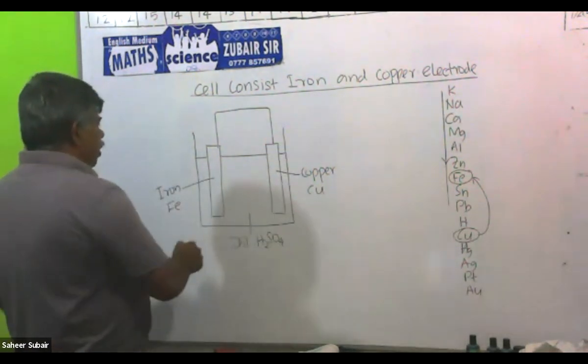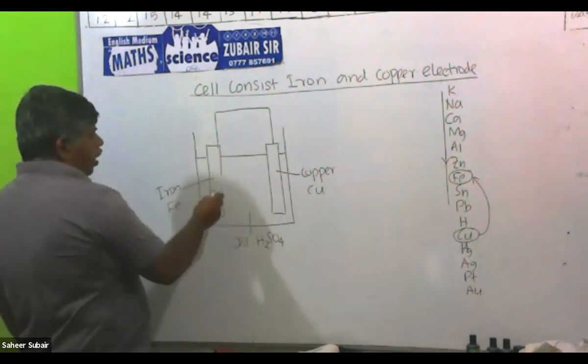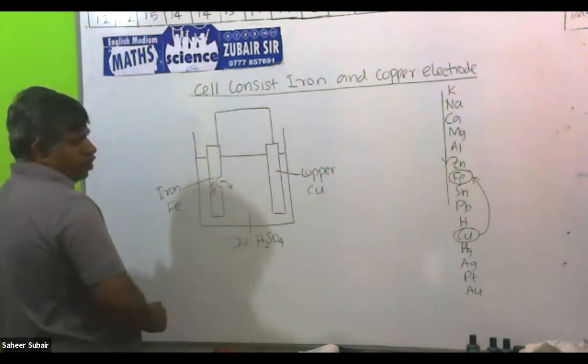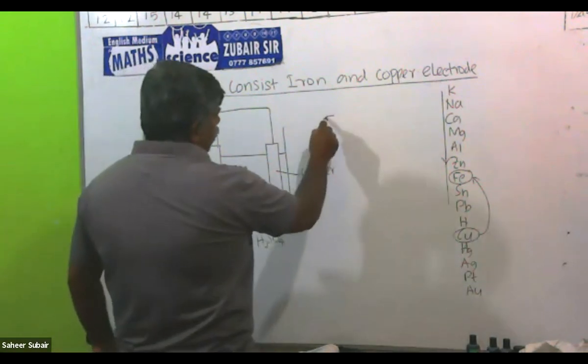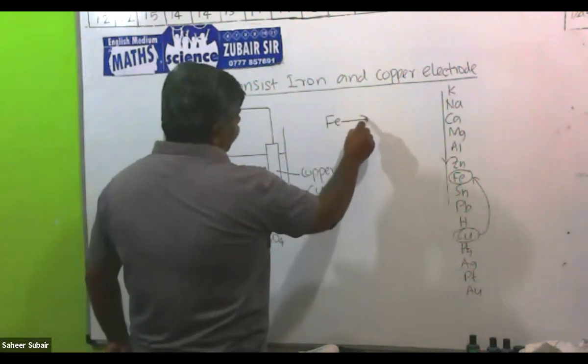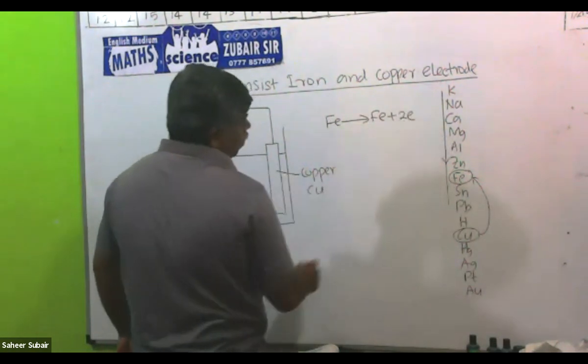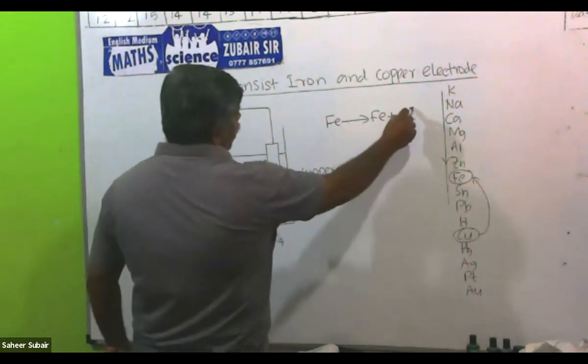Then what is happening? Iron atoms are losing electrons and jumping into the solution. So iron atoms put 2 electrons out and jump into the solution. Electrons are negative.